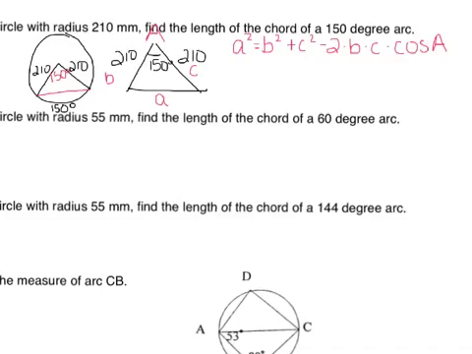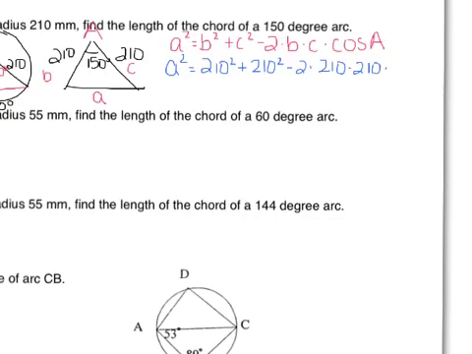I'm just going to plug these two in for B and C, and this in for angle A. So it's going to say A squared equals 210 squared plus 210 squared minus 2 times 210 times 210, excuse my messy handwriting, I want to write fast, times the cosine of 150.